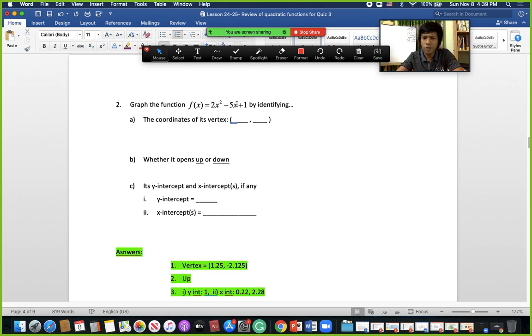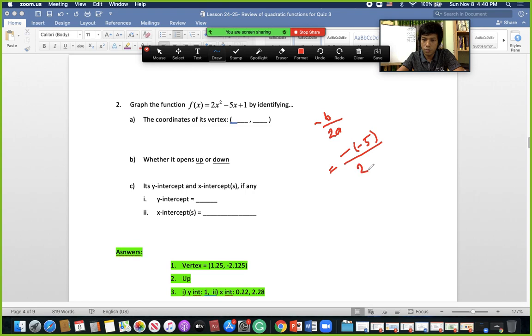So first of all, how do we find out the vertex? You already know that to find out the vertex, we have to find out minus b divided by twice a. We already have written the answer here. So minus b divided by twice a. Minus b value is 5, so this will be minus 5.